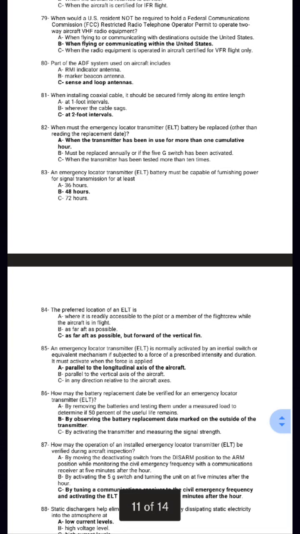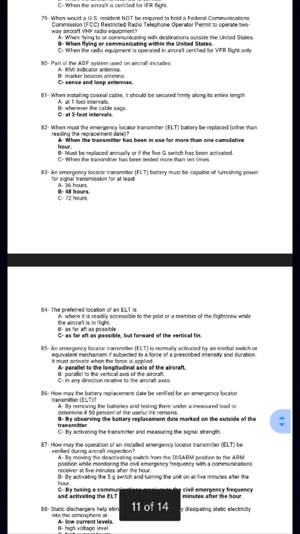So moving forward, how may the operation of an installed emergency locator transmitter be verified during aircraft inspection?